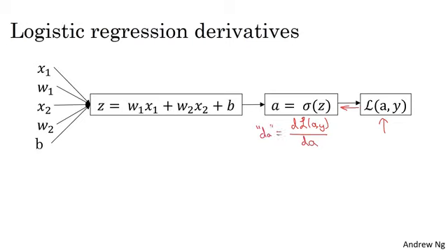And it turns out that if you are familiar with calculus, you could show that this ends up being negative y over a plus 1 minus y over 1 minus a. The way you do that is you take the formula for the loss, and you can compute the derivative with respect to the variable lowercase a, and you get this formula.